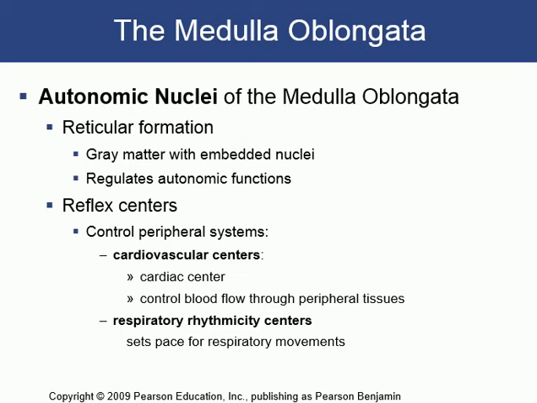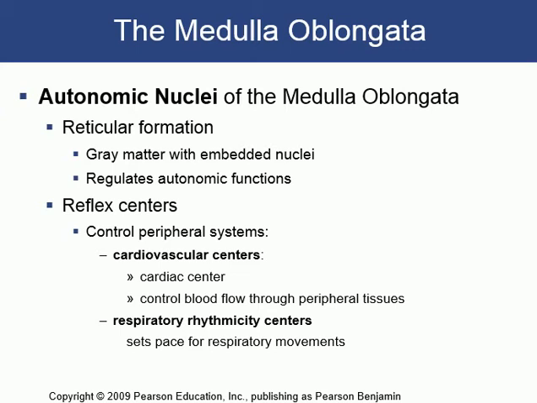There is also the reticular formation inside the medulla. What I want you to remember about the reticular formation is just regulation of the autonomic functions. But the most important thing to remember is the nuclei controlling the cardiovascular and rhythmicity centers.